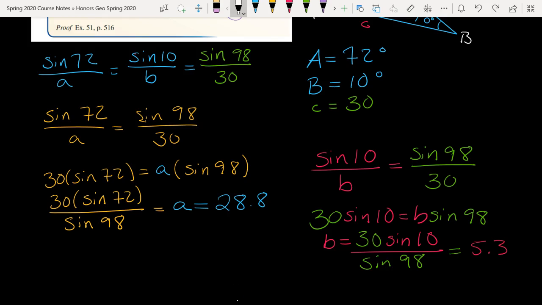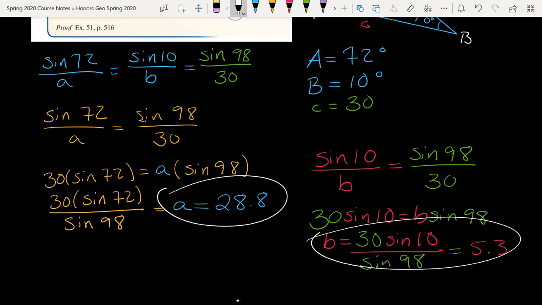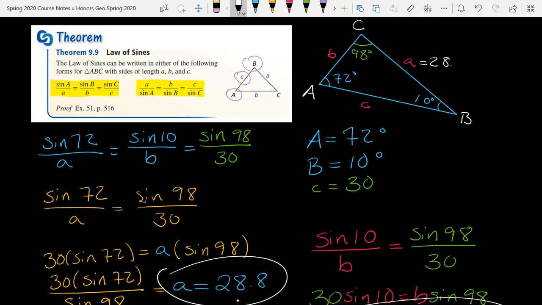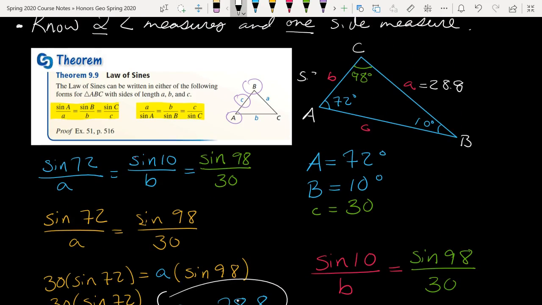So just like that, knowing two angles and an included side, we were able to solve directly for the two things that we didn't know, namely B and A. And lo and behold, we have solved for a non-right triangle, in this case an obtuse triangle.